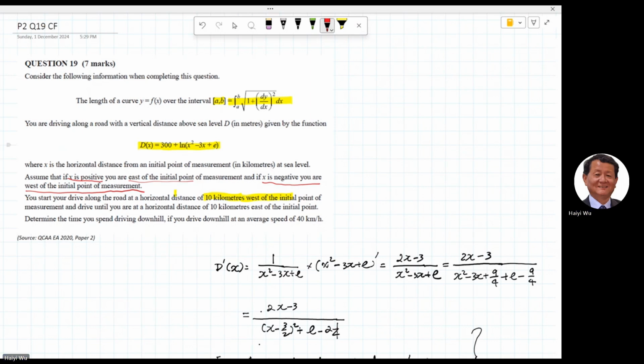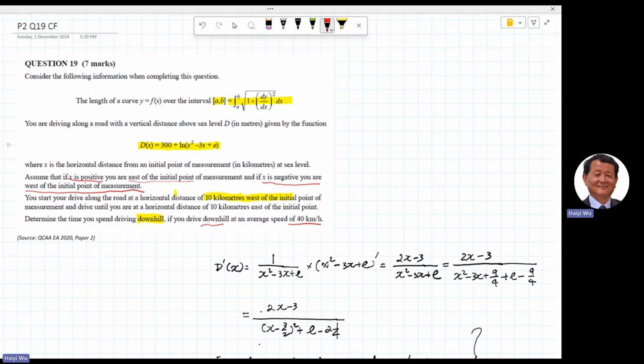But the condition says we drive to the right, and we need to determine the time driving downhill. So this is a very important keyword: downhill. It means the curve is decreasing. When you drive downhill, the average speed is 40 kilometers per hour.